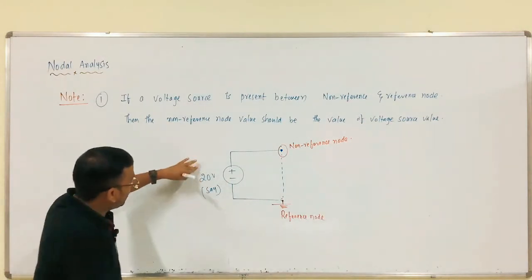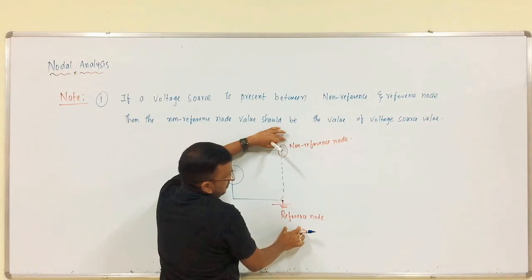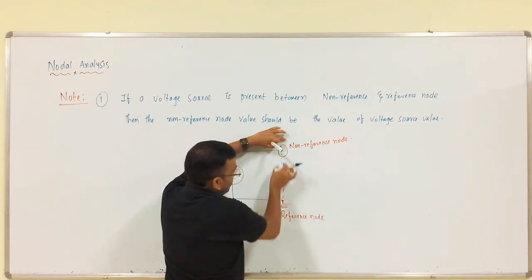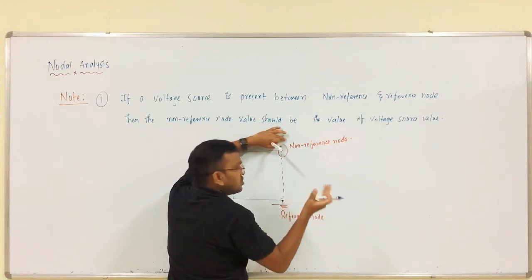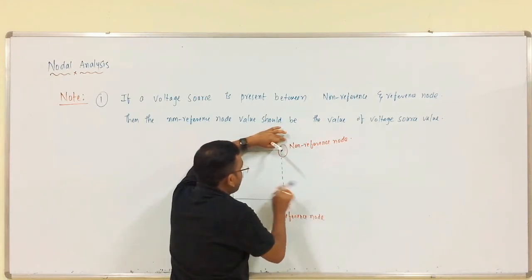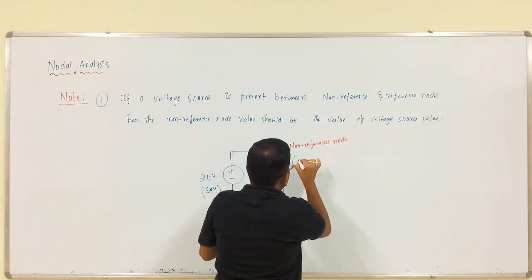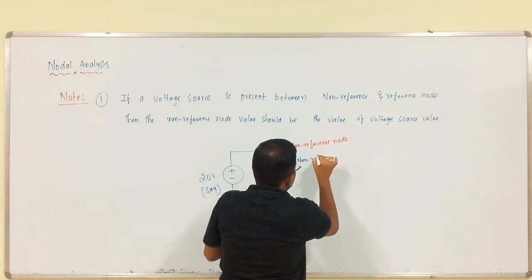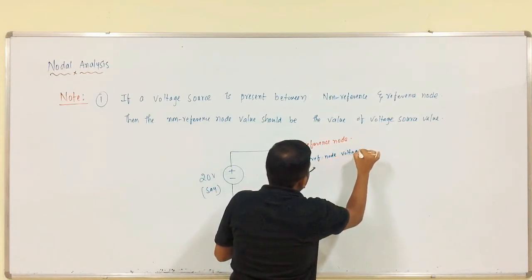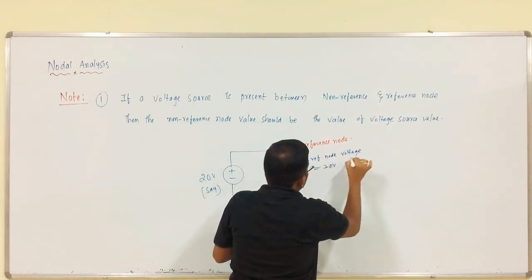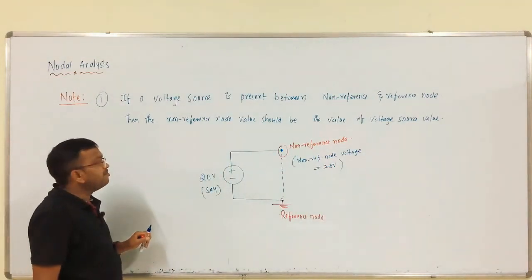So, here the voltage source is present between the non-reference node and the reference node. We have some branch, for example, that is why I am providing dotted lines, maybe there is a resistive branch. Therefore, the corresponding non-reference node voltage in this case should be equal to 20 volts, that is it. This is the first point.